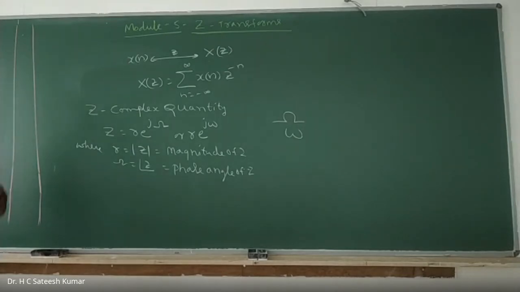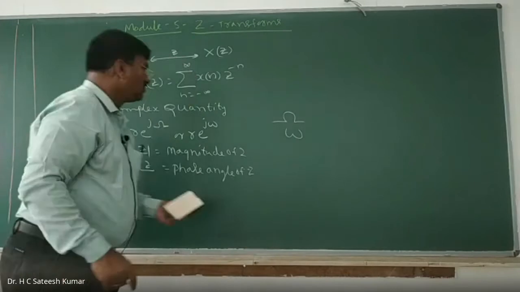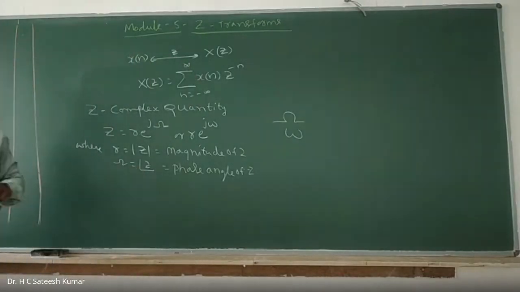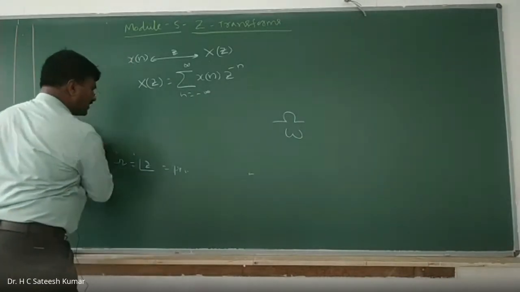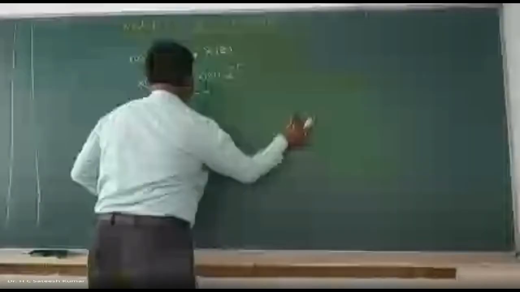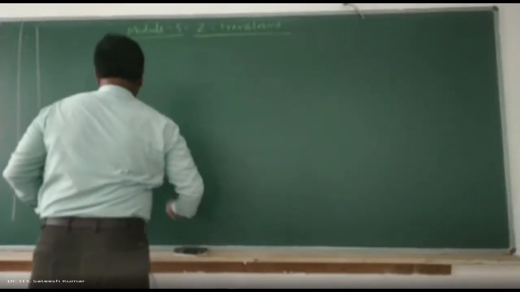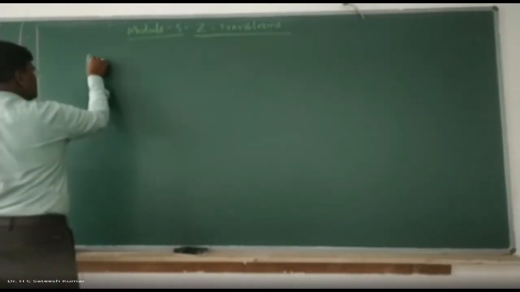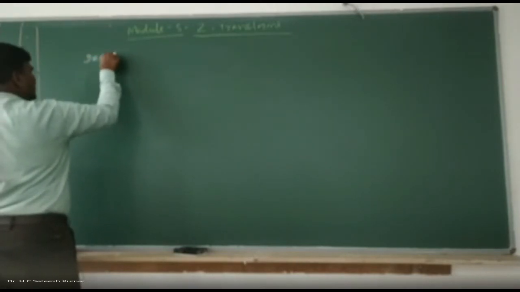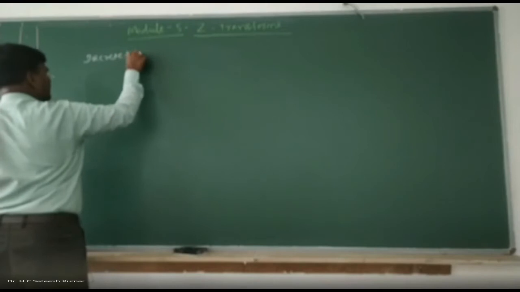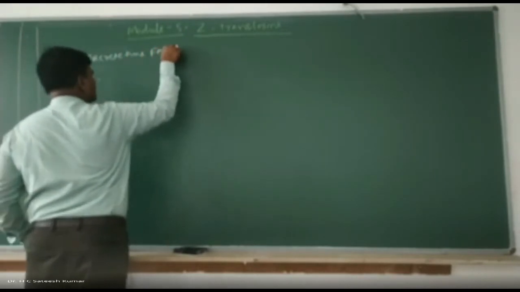So before going to understand this Z transformation, we shall understand a little bit of Fourier transformation to make the relation between Z and Fourier. Okay, right? So we shall understand a little bit of Fourier, the discrete time Fourier transformation.